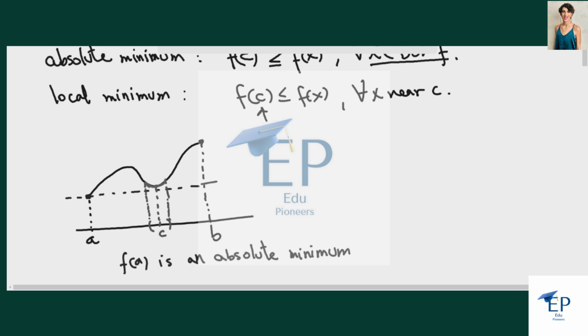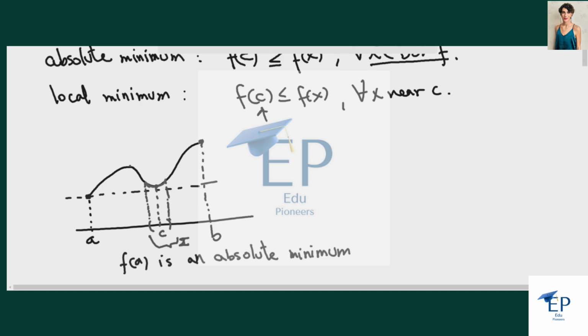There, the image of point C is the smallest of the images, let's say in this interval, let's call it I. And for that reason, we have a local minimum.